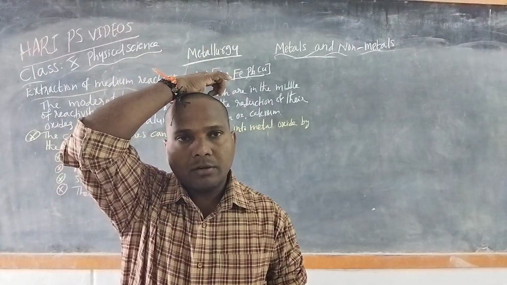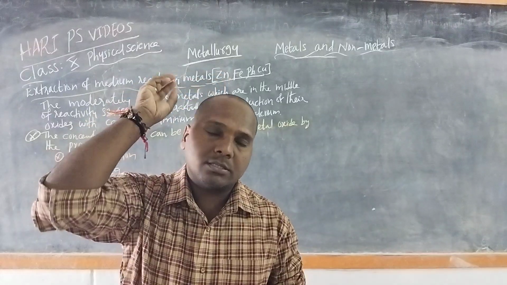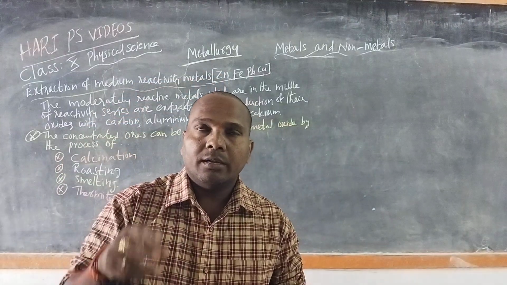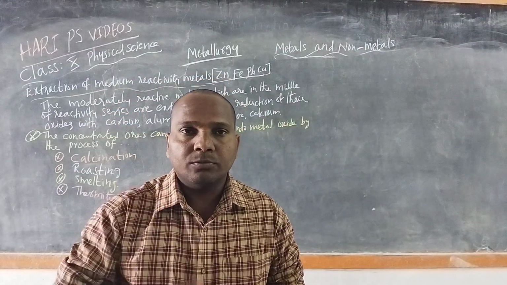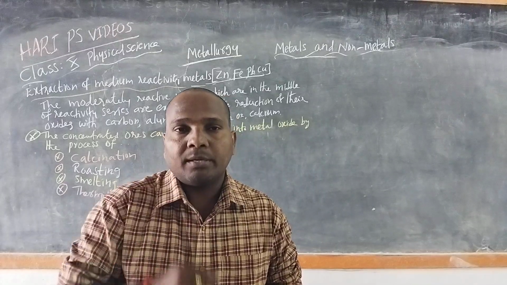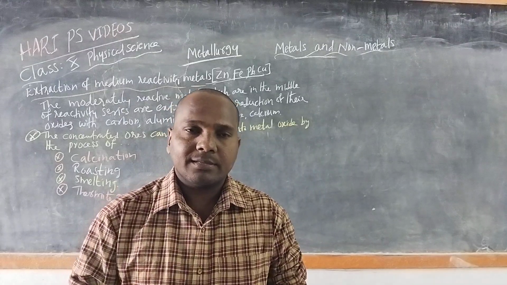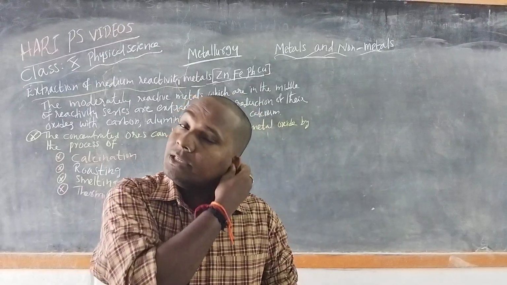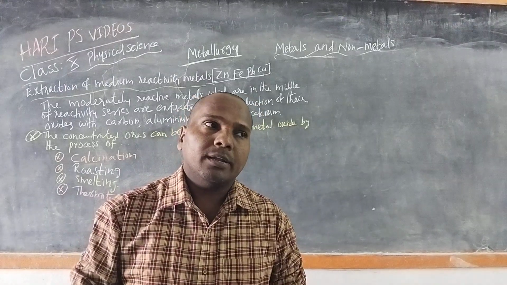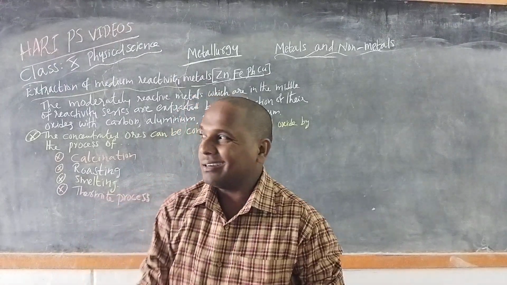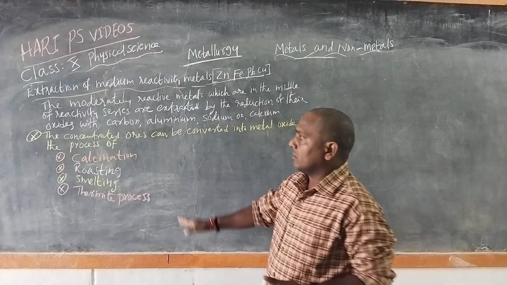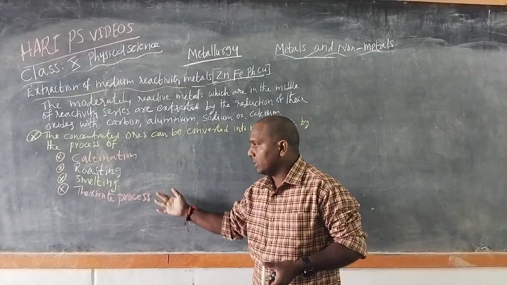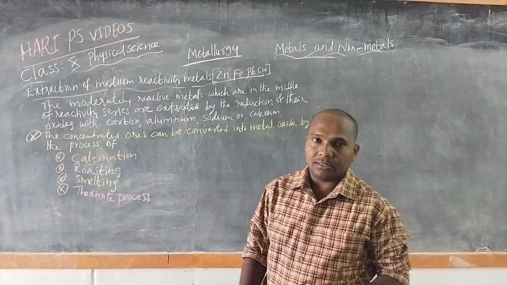By these processes, the carbonate ores and sulfide ores are converted into metal oxides. From these metal oxides we have to get a concentrate by the process of calcination, roasting, smelting and the thermite process.